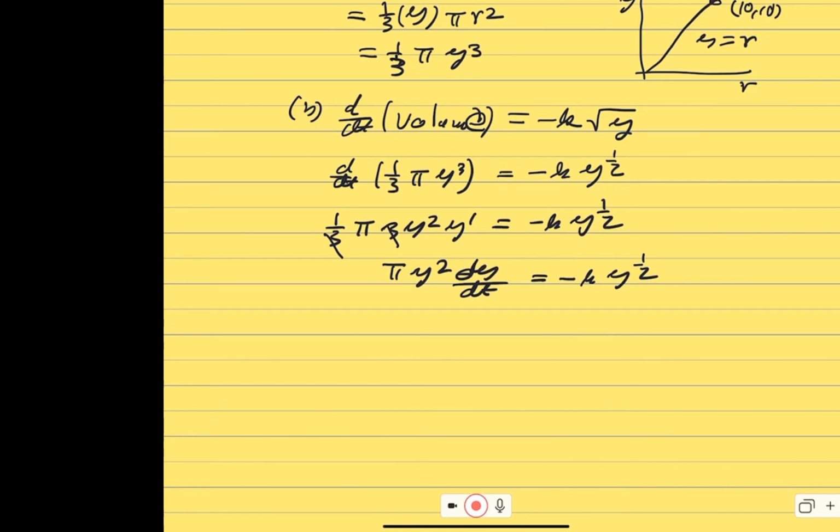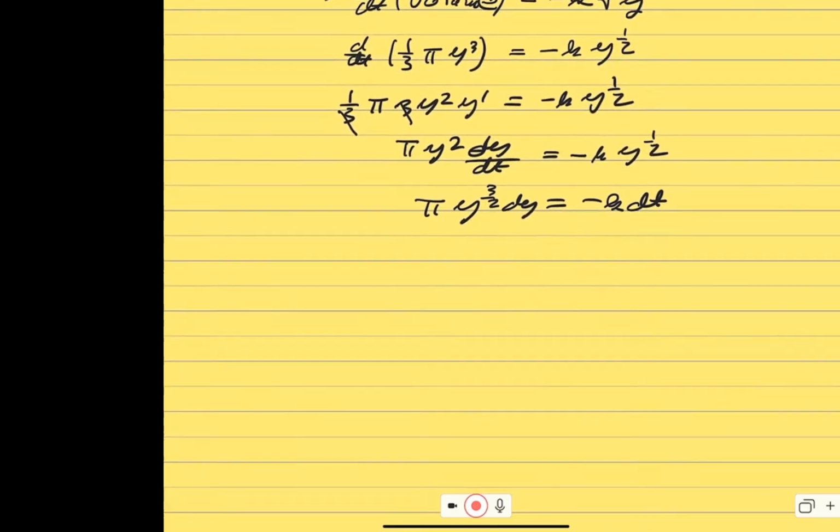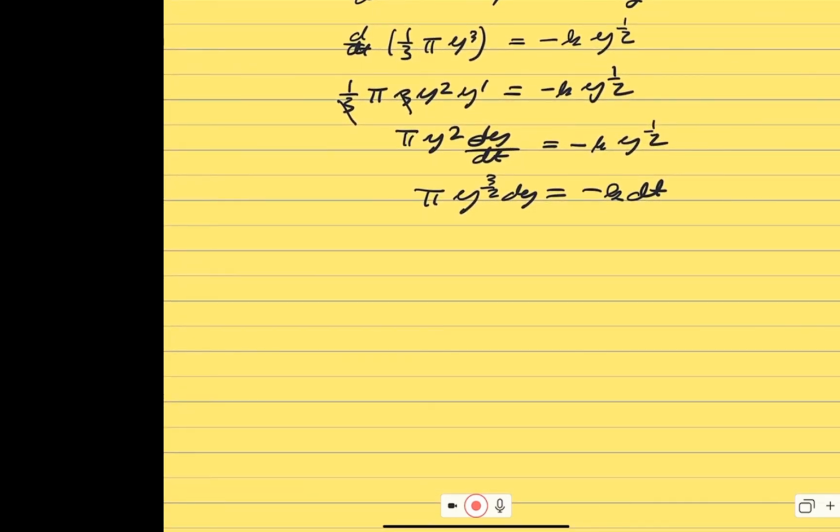This is now a separable equation, so I can write it as pi, subtracting the half from the 2, I get y to the 3/2 dy, and I get minus k dt. So integrating, pi y to the 3/2 dy is minus k integral dt.